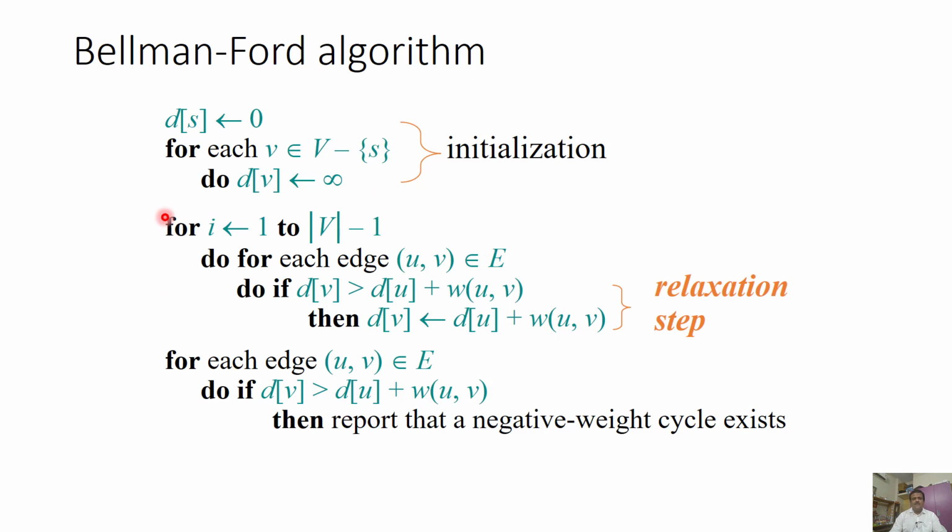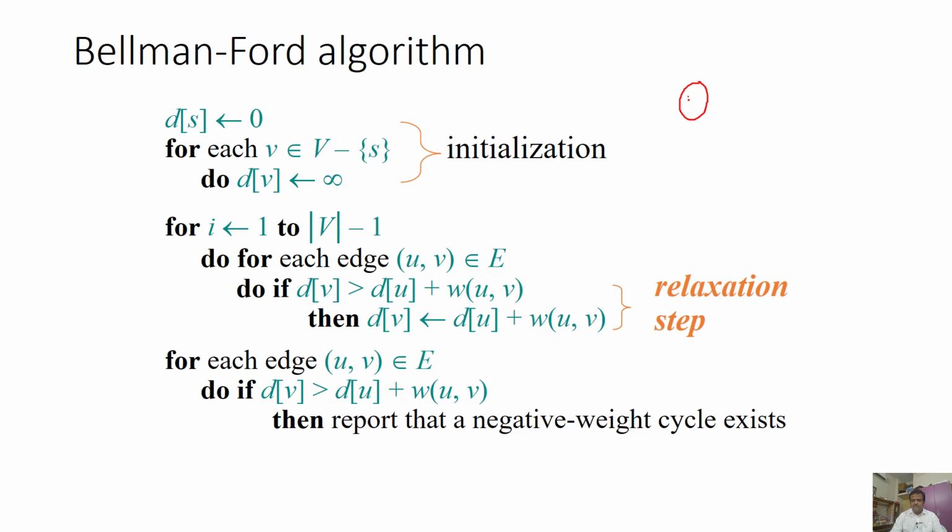Now, here we have a for loop in i, and this loop size is order of V. And inside the loop we are doing lots of relaxation. We are taking each edge. Suppose there are order of E edges, cardinality of E. We take every edge and we do the relaxation if it is possible. So, we just take an edge.